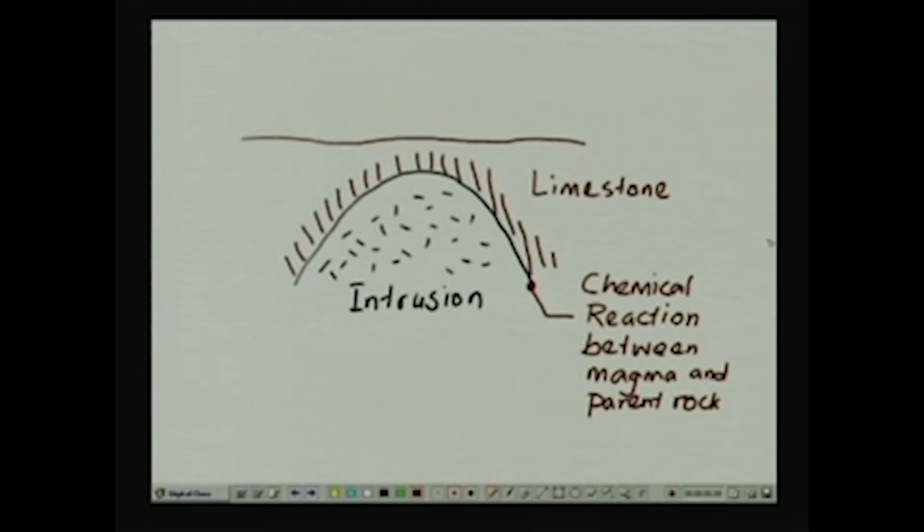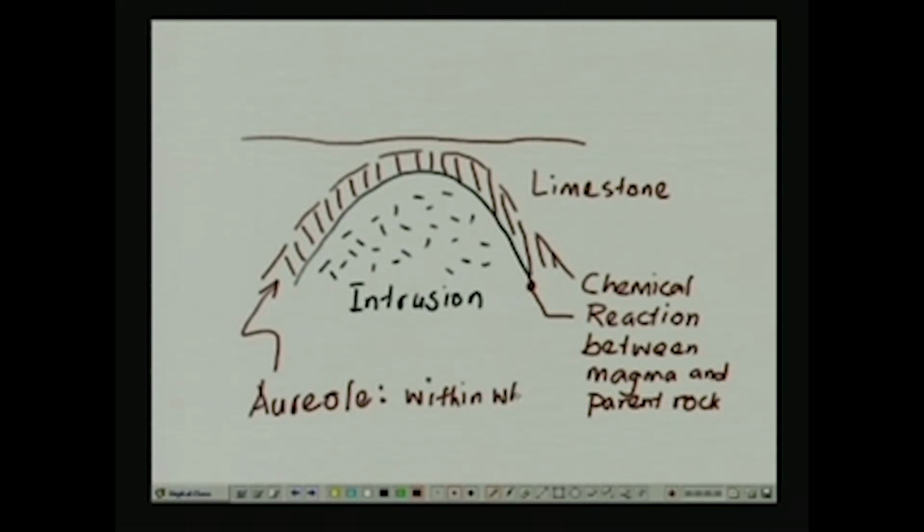So near the outer perimeter of the aureole, and this actually also answers the next part of the question, this one here is the aureole within which metamorphism of parent rock is taking place.